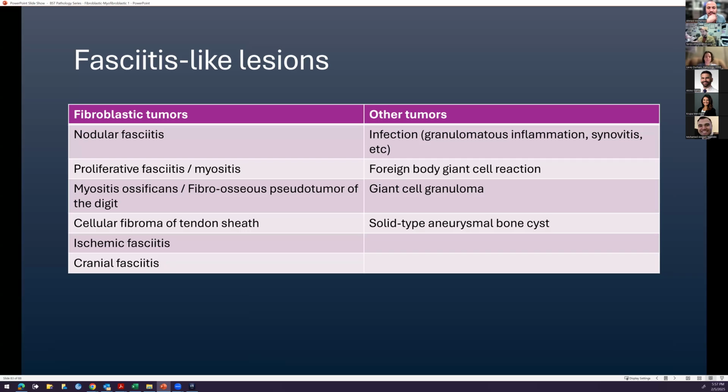But you can also see similar features in infections, like granulomatous infection, synovitis-like cases can be fasciitis-like, foreign body reactions, giant cell granulomas, aneurysmal bone cysts. In the bone, they certainly can have a nodular fasciitis-like stroma, but you can also get those in the soft tissue and solid type as well. So there can be some overlaps there, and that's helpful to think about those types of lesions.